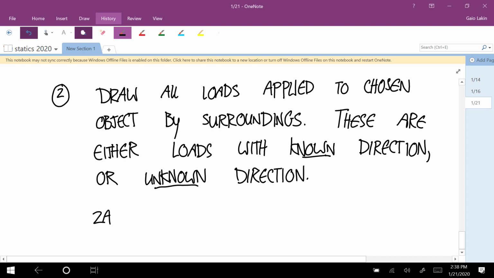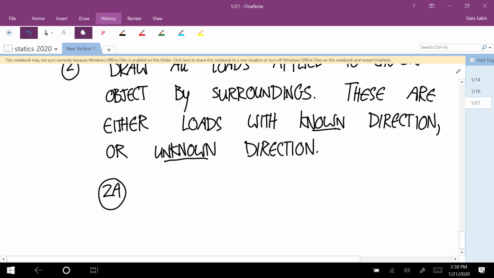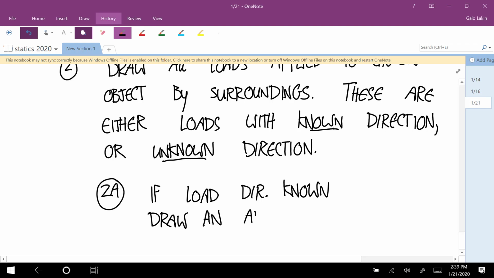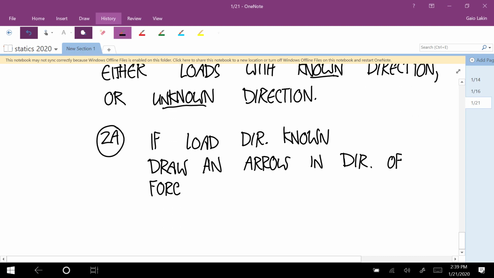So 2A, if you know the direction of the force, or if the load direction is known, draw an arrow in the direction of the force, or a double-headed arrow in the direction of the couple for when we get to that.